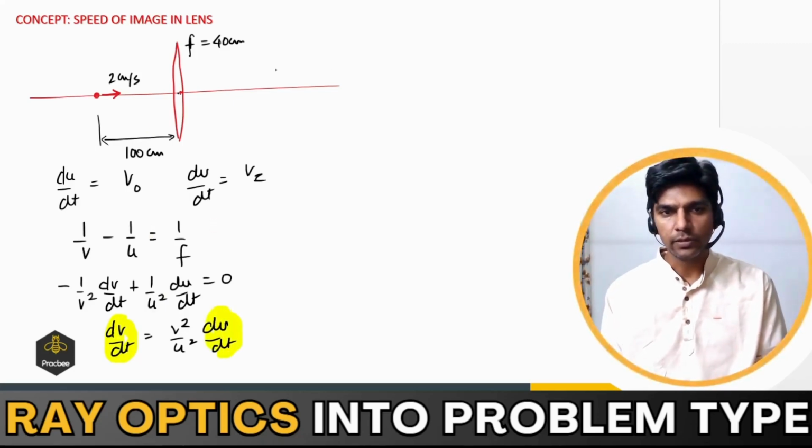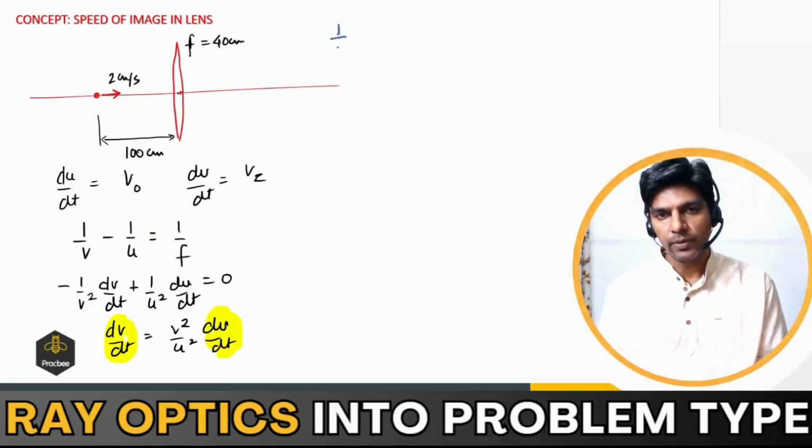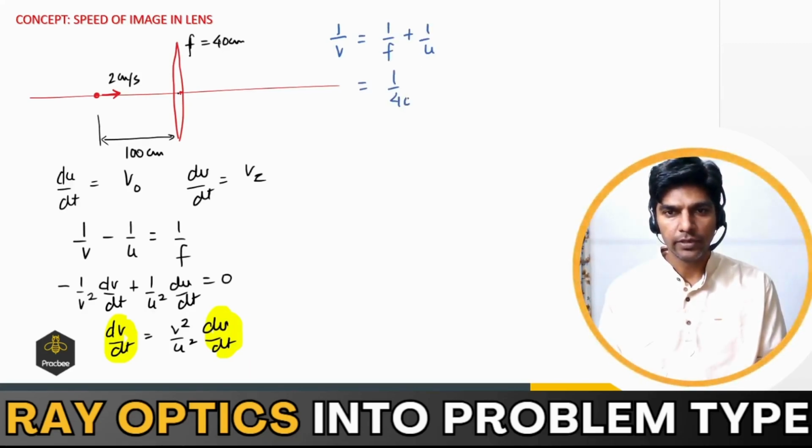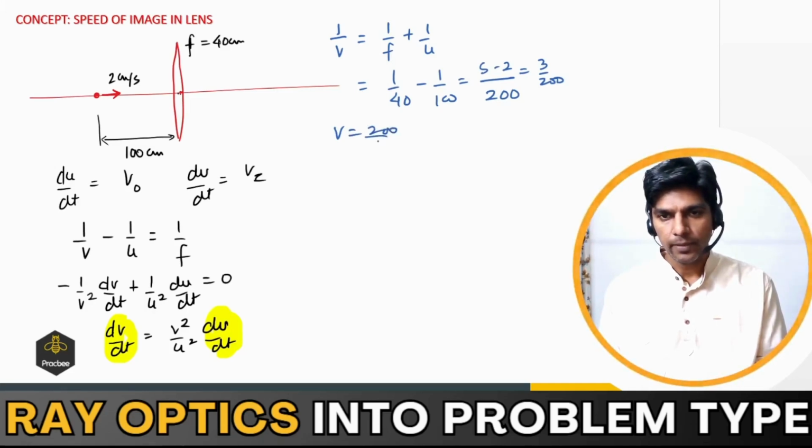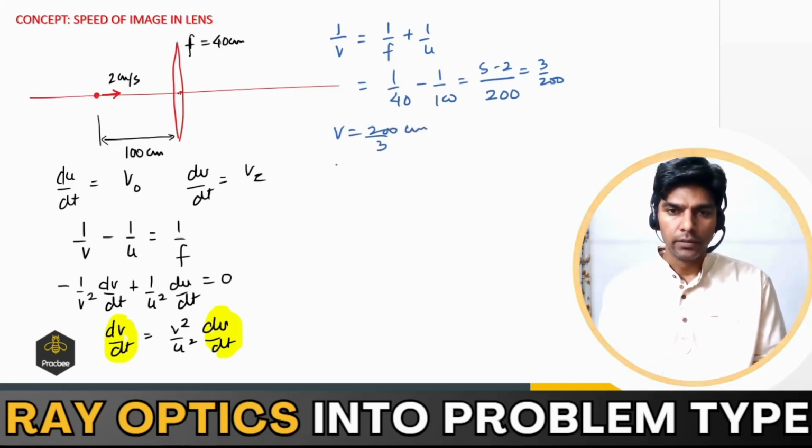Now in this particular problem, if I apply lens formula, 1 by v will be equal to 1 by f plus 1 by u. So 1 by 40 minus 1 by 100. So this comes out to be, 200 will be the LCM, so 5 minus 2, that will be 3 by 200. So v comes out to be 200 by 3 centimeter.